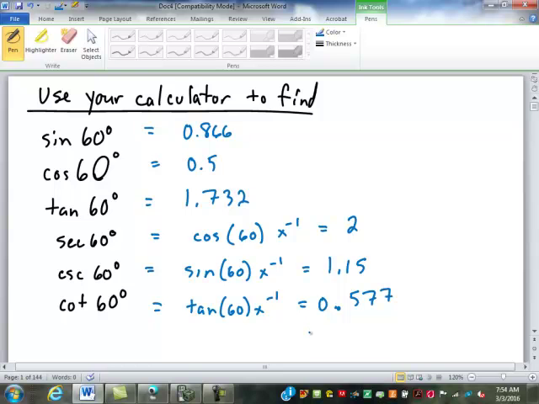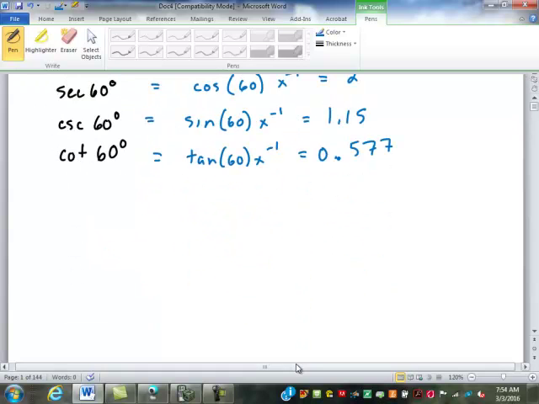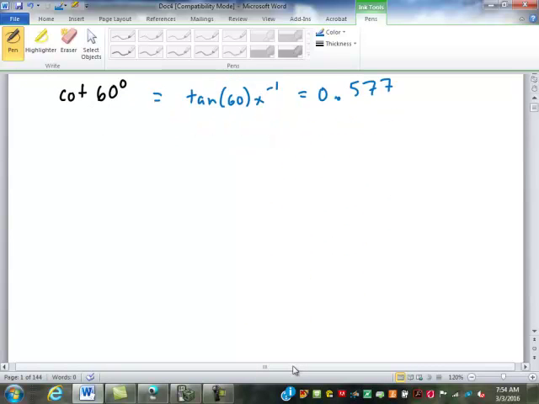So, what we're going to look at today is how to do the opposite. Let's say that we know the sine of an angle. We're going to do a sine of A equals 0.743. How do I find angle A?